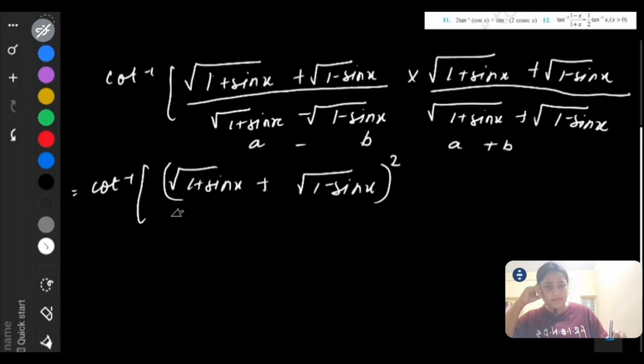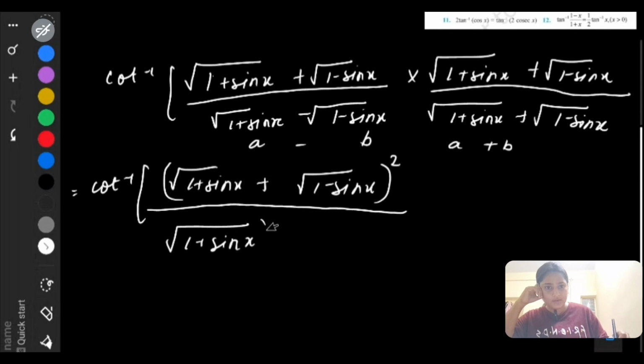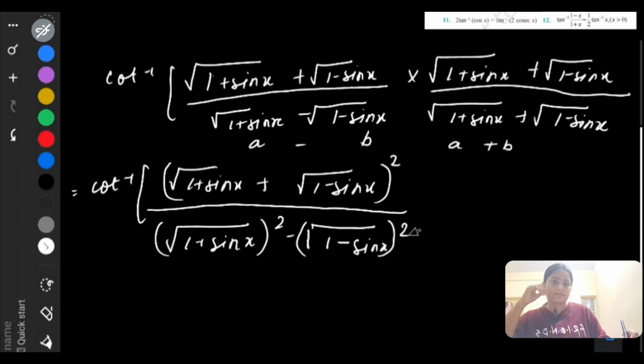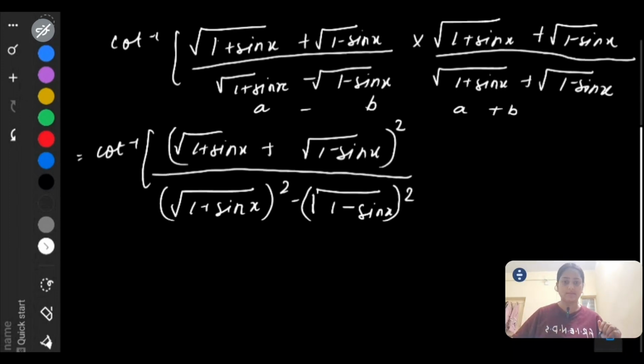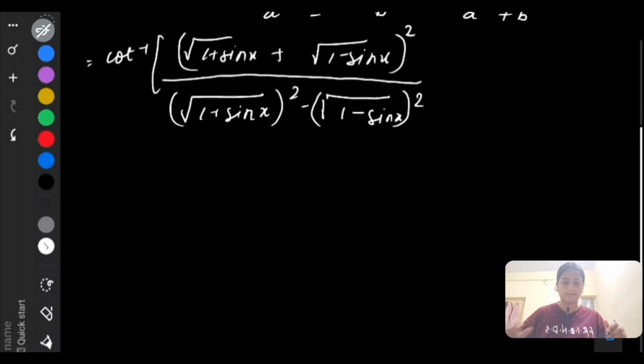And now in the denominator, we can write under root 1 plus sine of x whole square minus, because a square minus b square, under root 1 minus sine x whole square. Now let's solve.